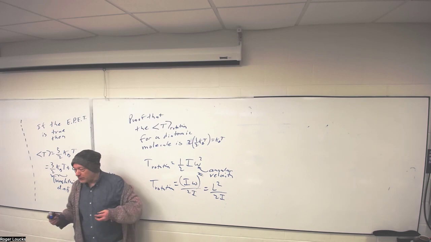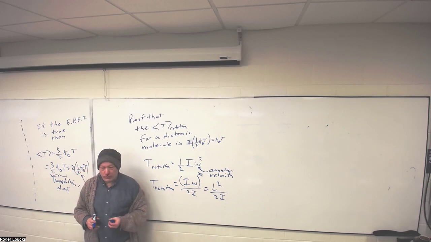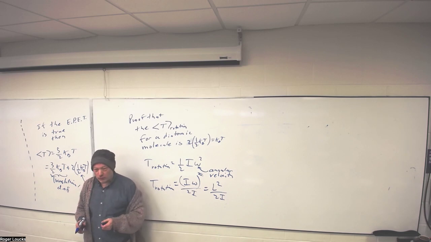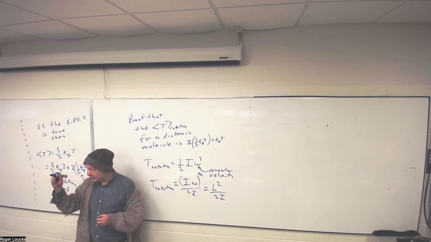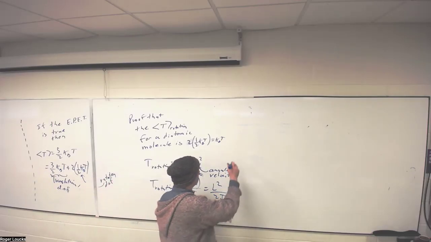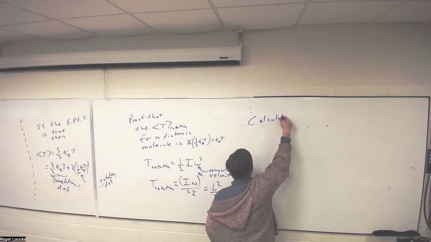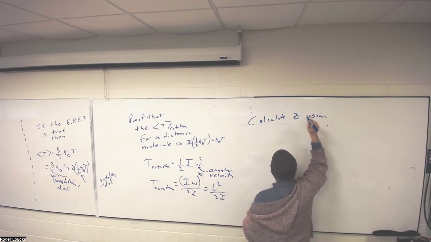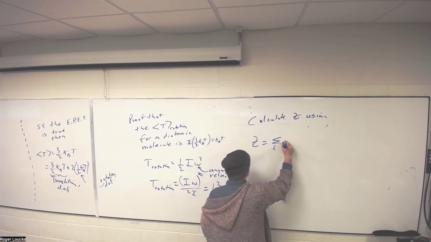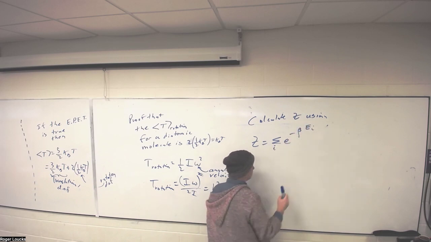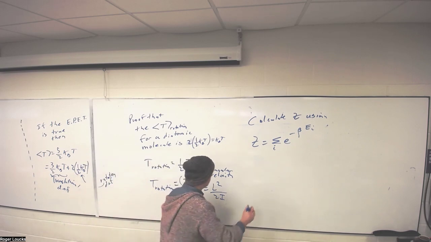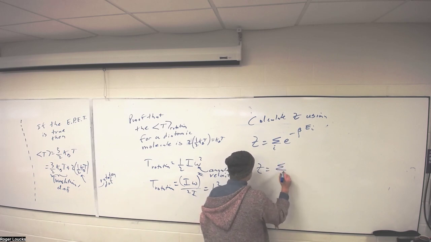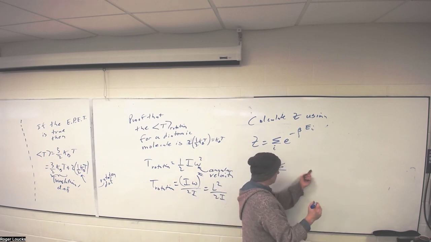Now I want to do this with the original partition function. So let's go through and calculate the energy using the sum on L values. We'll put that in here, and we'll put a gap here.